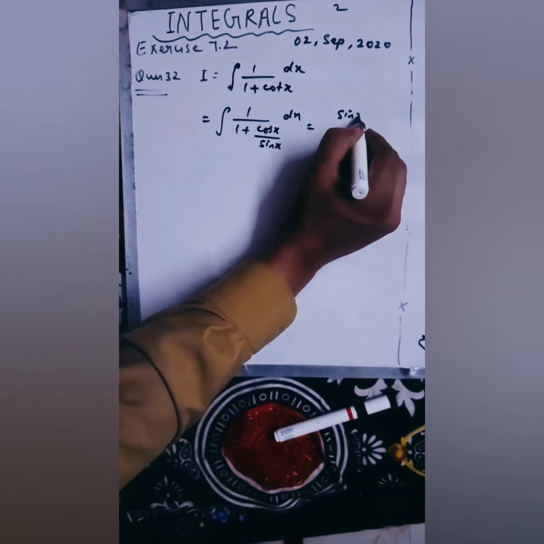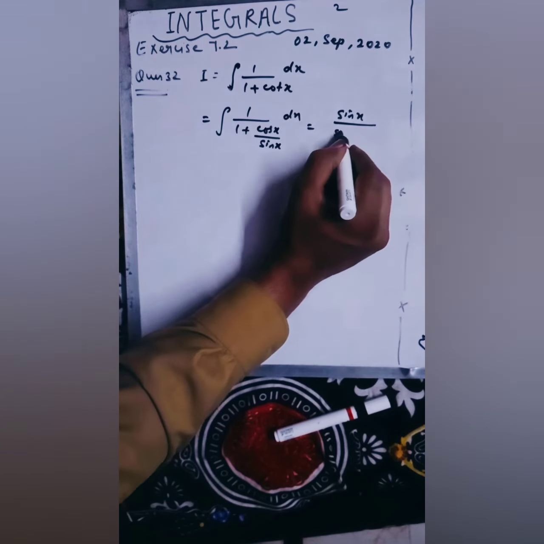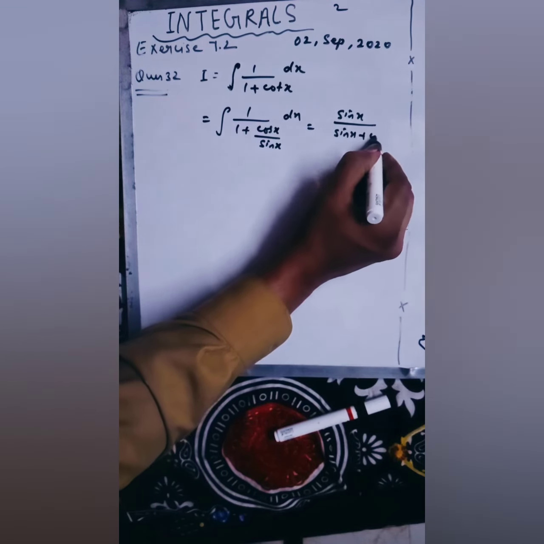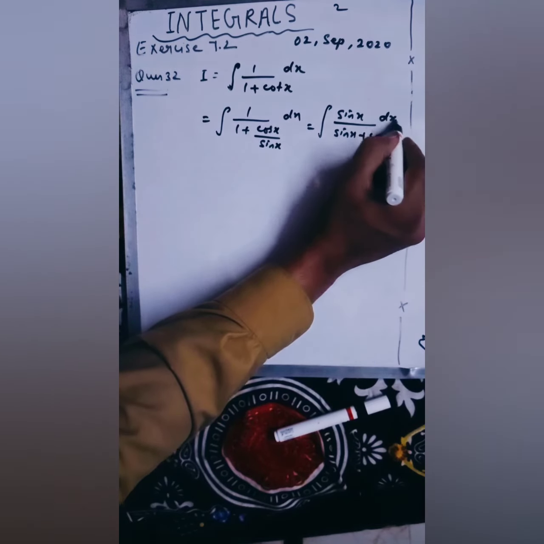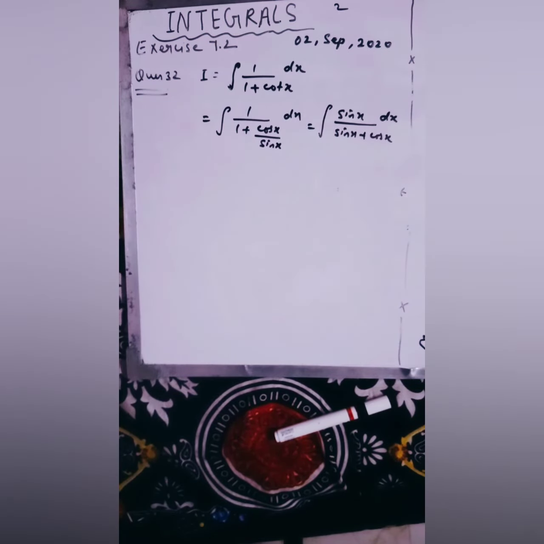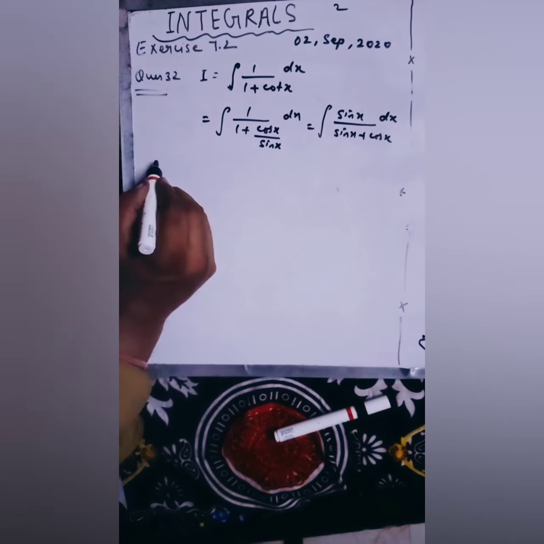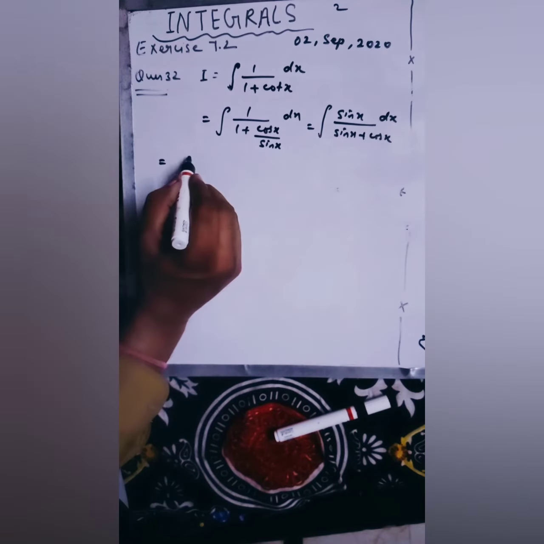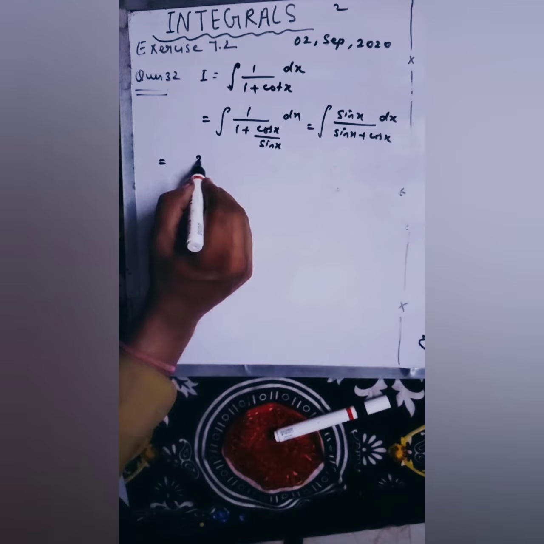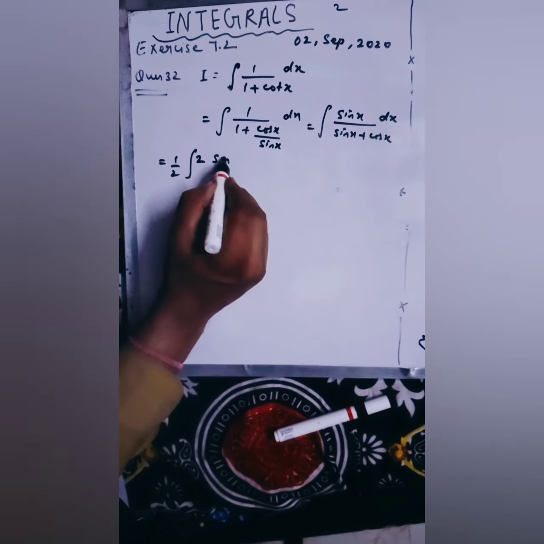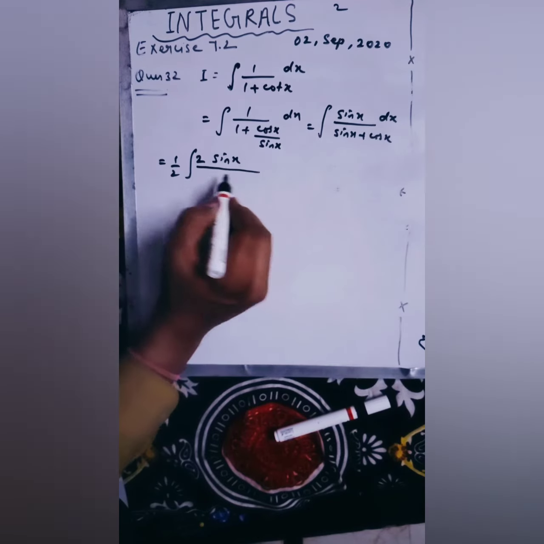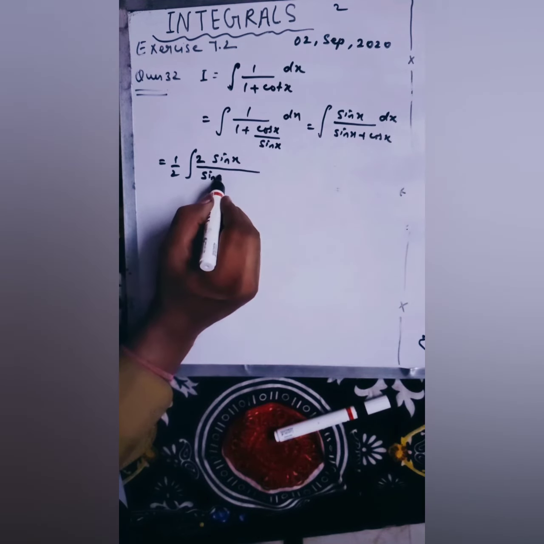So you will take sin x over sin x plus cos x with the integral sign into dx. Got it? Now after this step you have to multiply the numerator by 2 and divide by 2, and the denominator part will remain the same.